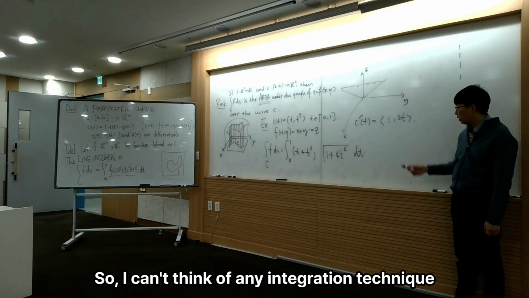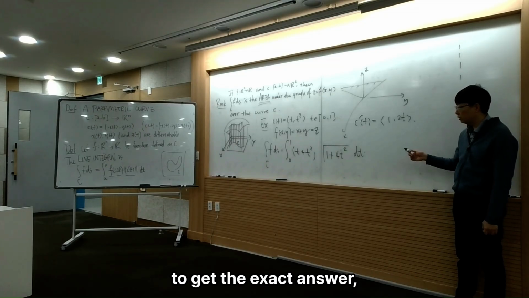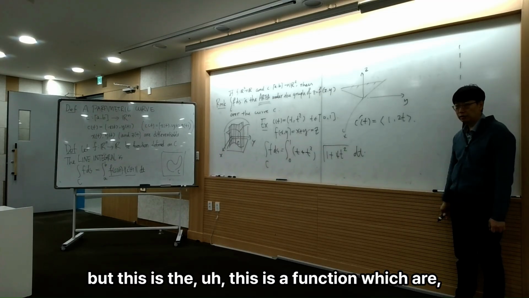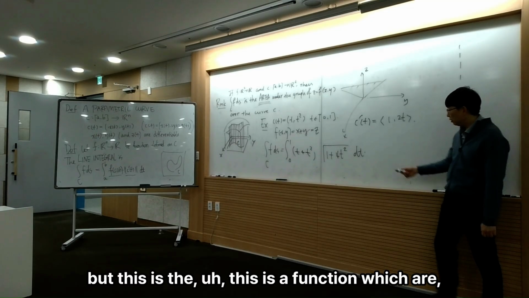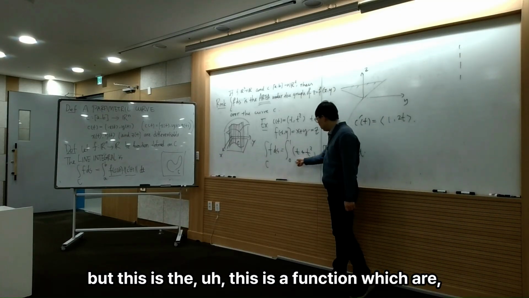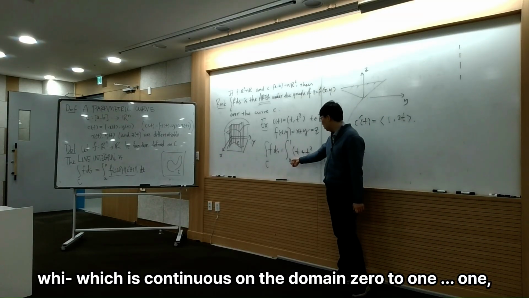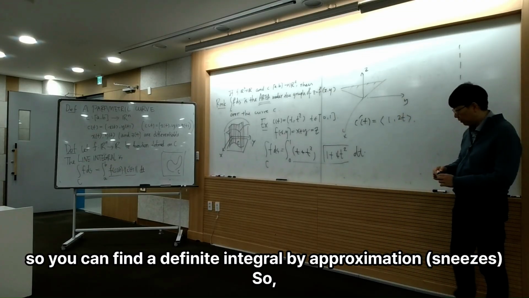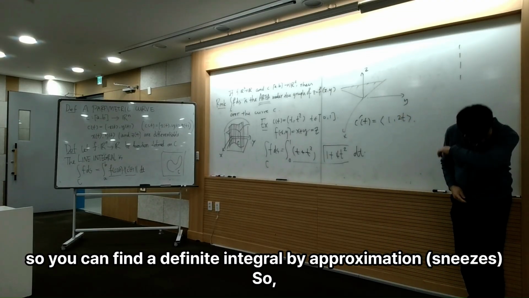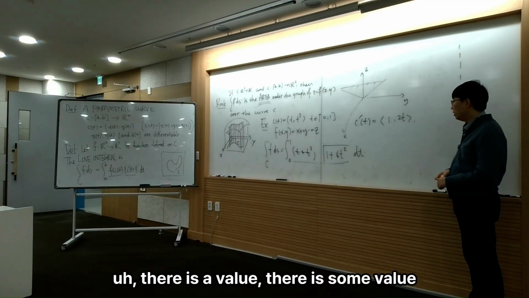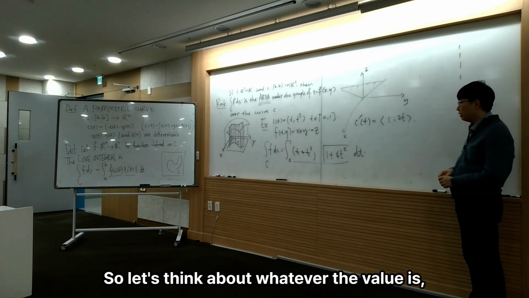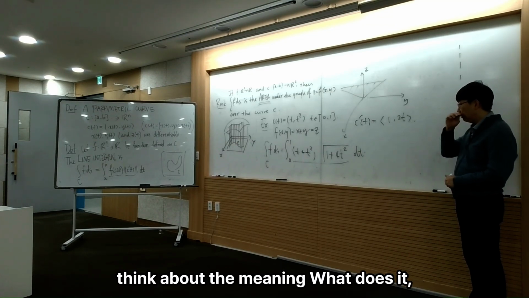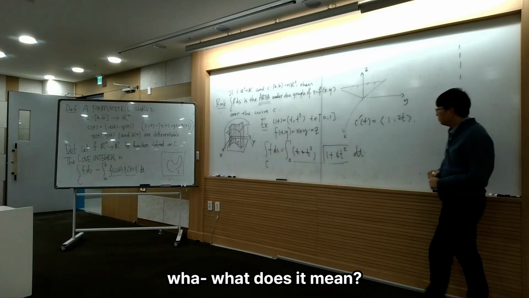I can't think of any integration technique to get the exact answer, but this is a function which is continuous on the domain 0 to 1. So you can find the definite integral by approximation. There is some value. So let's think about whatever that value is. Think about the meaning. What does it mean?